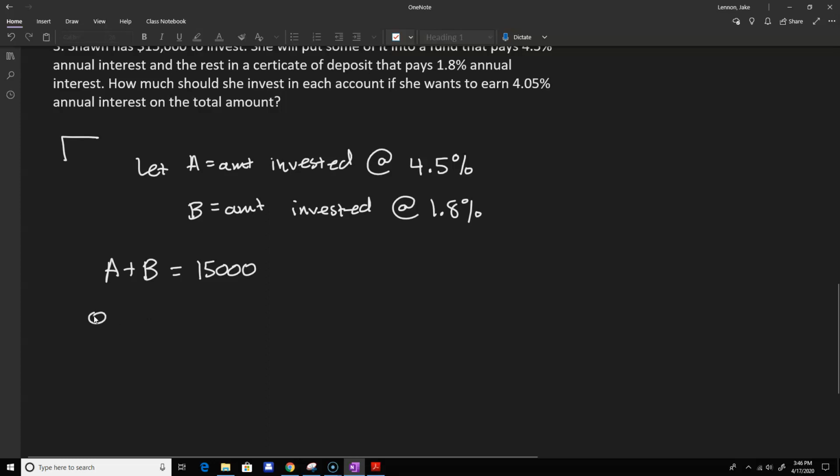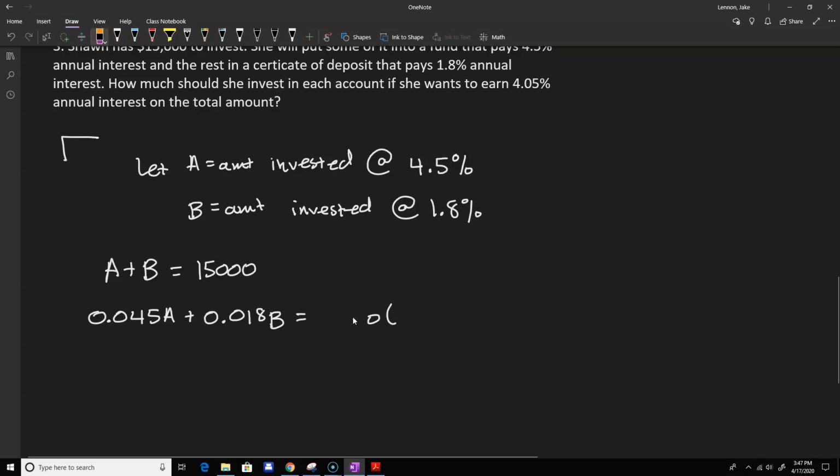So if you do 4.5% as a decimal, that's 0.045 times A. That would give you the interest from account A, and the interest from account B would be 0.018 times the amount invested B, and that would equal the amount that you're anticipating earning. Let me write that in the other order actually. So the total percent yield should be 4.05%.